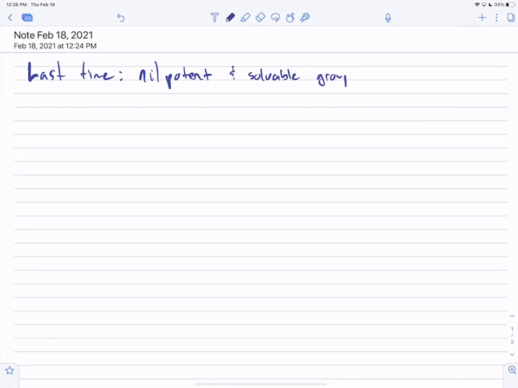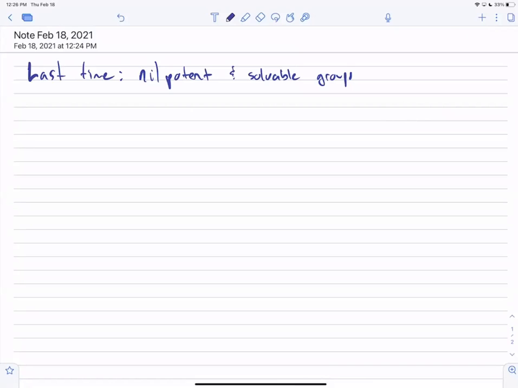Okay, so last time we talked about nilpotent and solvable groups, and mostly about solvable groups. These were two different ways you could look at groups that are constructed out of abelian groups.